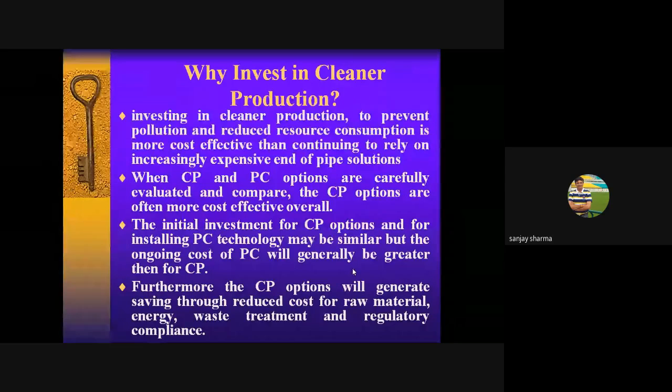When CP and PC options are carefully evaluated and compared, the CP options you will find are always more cost effective overall. The investment for CP options and for installing PC technologies may be similar, but the ongoing cost of PC will generally be greater than the control cost. Further, the CP option will generate savings through reduced cost for raw materials, energy, waste treatment, and regulatory compliance, etc.